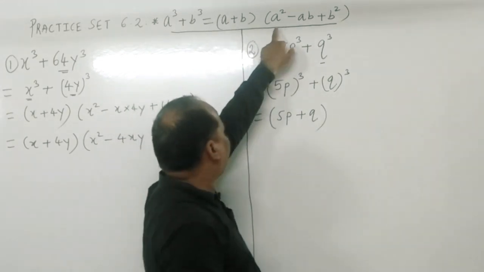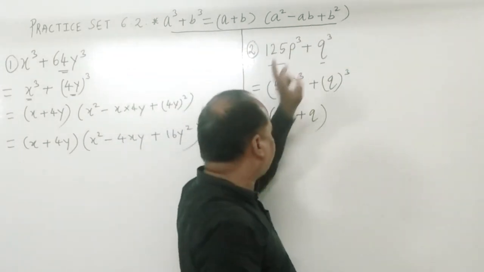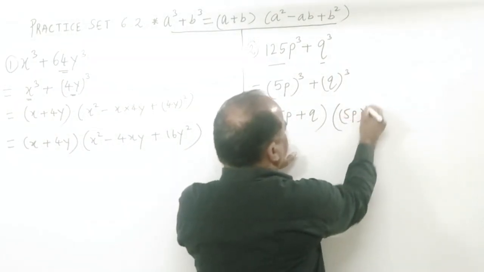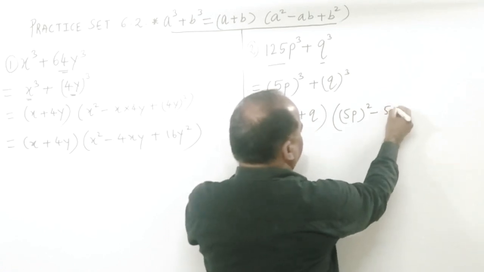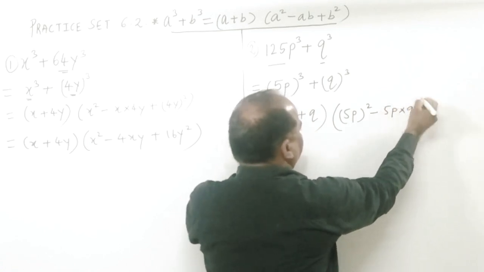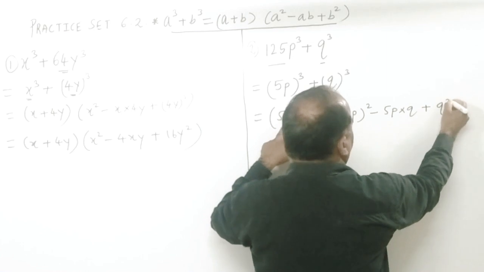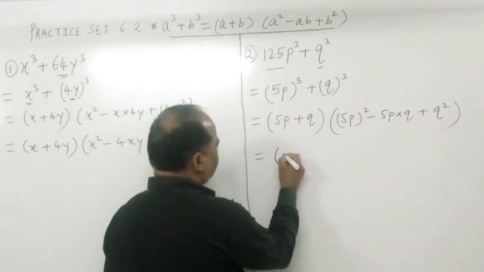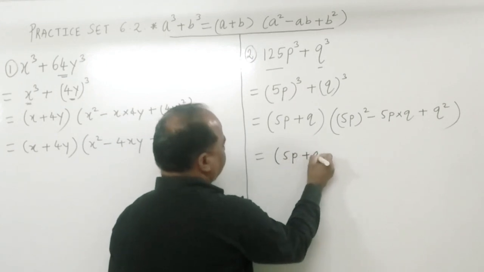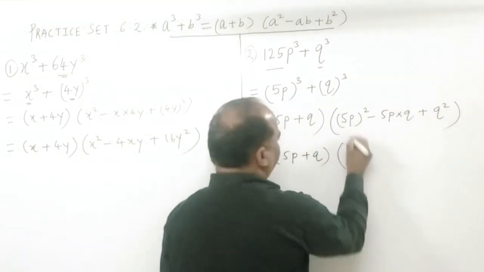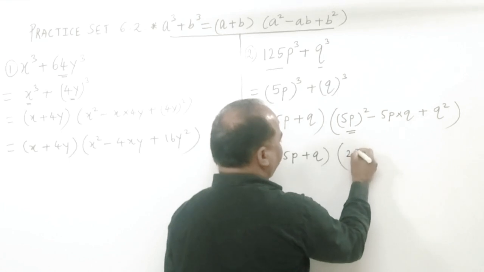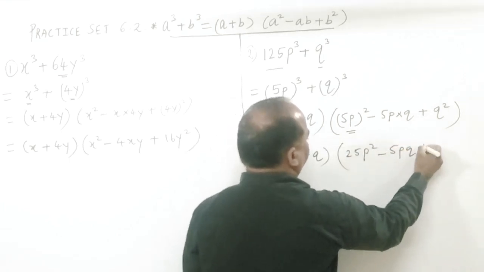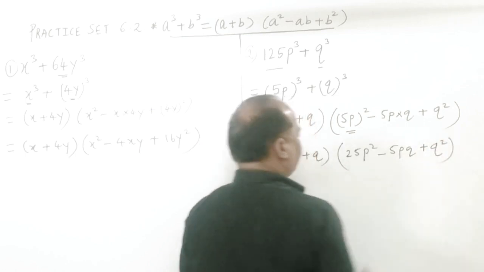Second bracket terms are a square minus ab plus b square. So a square is (5p) square minus a into b, 5p into q, plus q square, that is b square. So (5p plus q) is the first bracket, and in the second bracket 25p square minus 5pq plus q square.